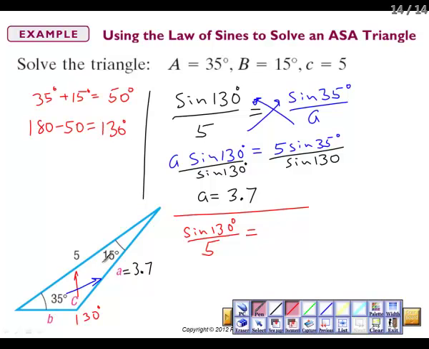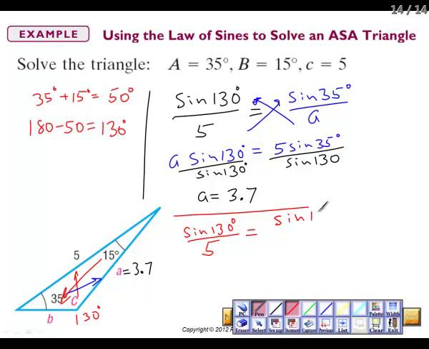You should have said 15 degrees, because the 5 is touching the 15 degrees, that's not an opposite side. The 3.7 is touching 15 degrees, that can't be an opposite side. So side B is opposite 15 degrees.